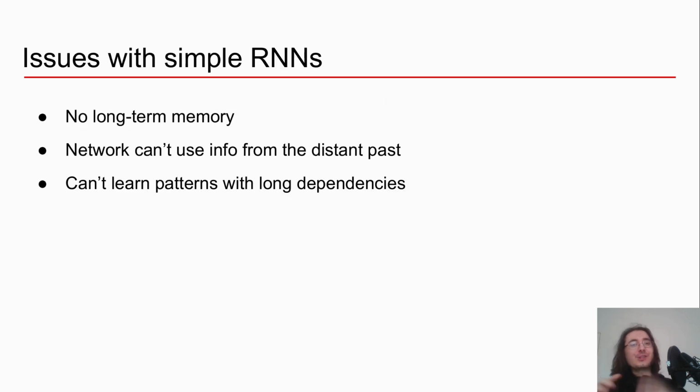Okay, so recurrent neural networks are really good up to a certain point though. The problem is that they don't have much long-term memory, which means that they can't see that far into the past, so they can't learn patterns with long dependencies. And we know that a lot of time series data, audio data, music data has long-term dependencies. Think, for example, of a song.